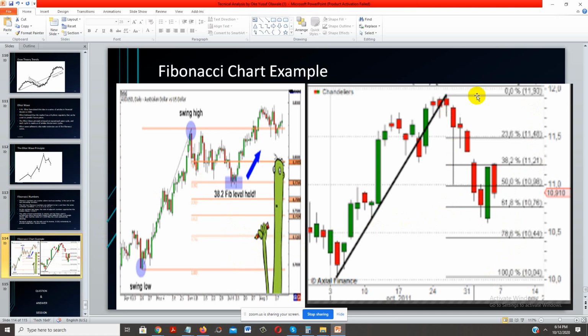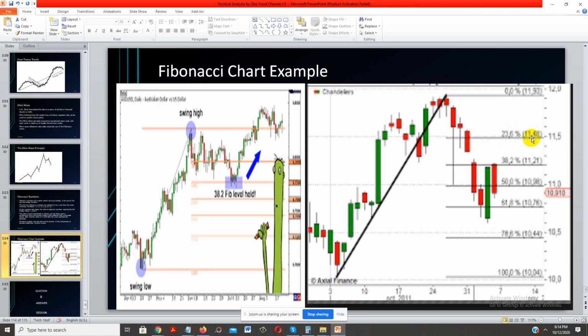Now this is the retracement tool. We have points in Fibonacci. Those points are like the support zones, since it is a retracement tool we are using here. Now the first point, the first support you will meet in a downtrend, is the 23.6%.